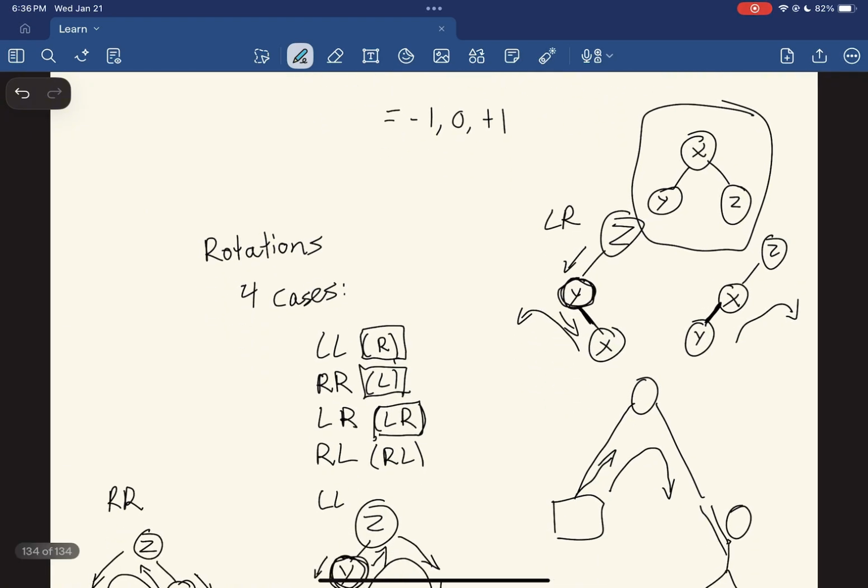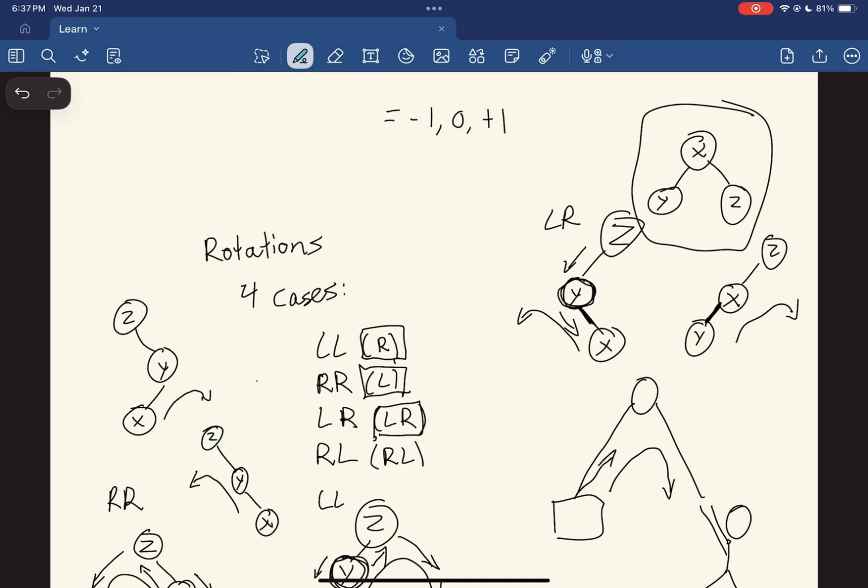Now, obviously, the RL is the other way around. It will look like Z here, Y here, X here. And look, you have a right into a left. See that? All right, so for this one, you do a right rotation, which is this way. Sorry, let me write it better. This way. And so it looks like Z, Y, X, and then you do a left rotation.